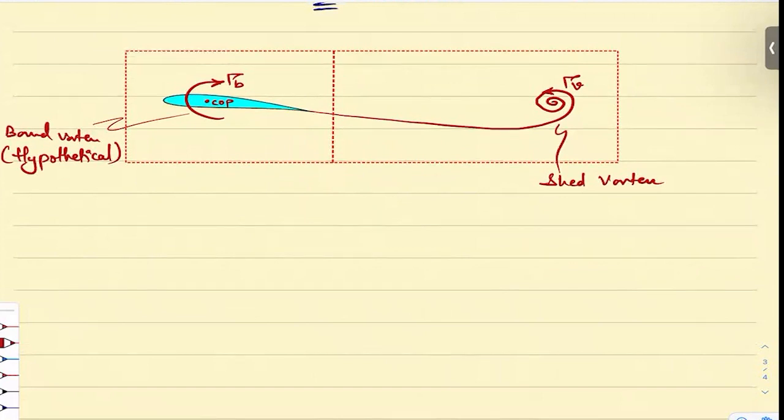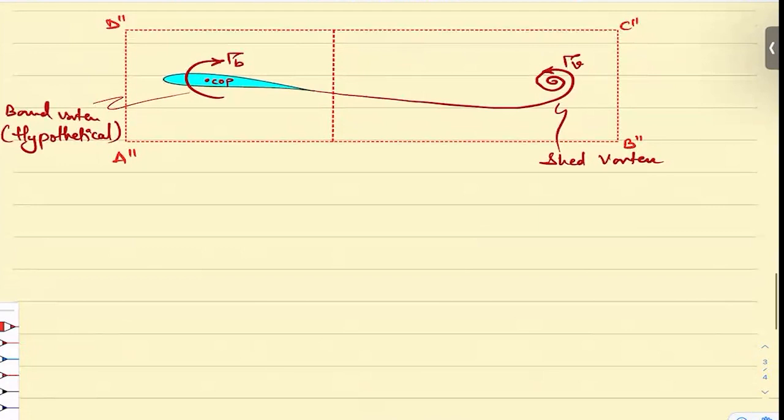What should be the net gamma around this? So this becomes A double prime, B double prime, C double prime, D double prime, which can be broken into two different boxes, different curves. Can I go ahead?